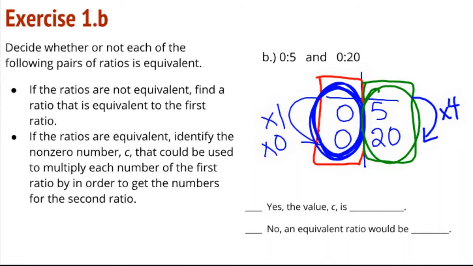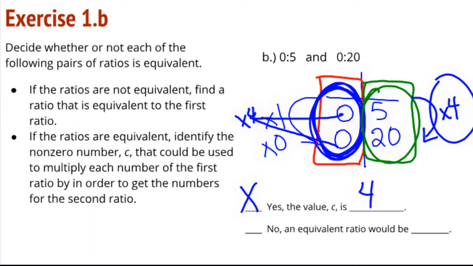And I'm going to come over here and I'm going to try the times 4. 0 times 4 would give me 0. That would work. So yes, these are equivalent, and the value of C that I could use, what I would multiply both sides by, is 4. So it's important that we don't just look at one part of the ratio, but we check both parts of the ratio.